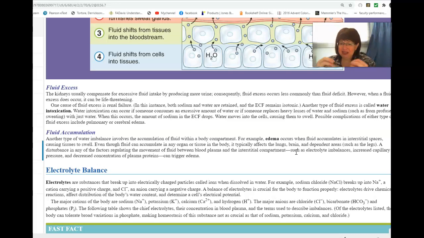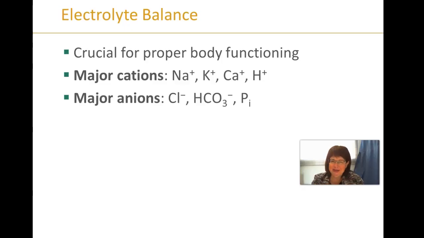If the sodium in your extracellular fluid drops, water will move into your cells, causing them to swell. Okay. Now, this is all important because as you're balancing your water, you're balancing your electrolytes. We're going to look at electrolyte balance, just a brief overview.